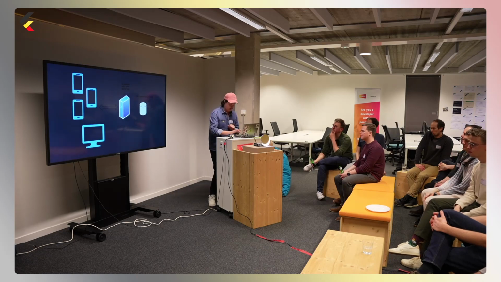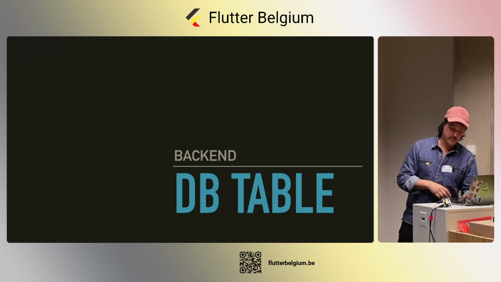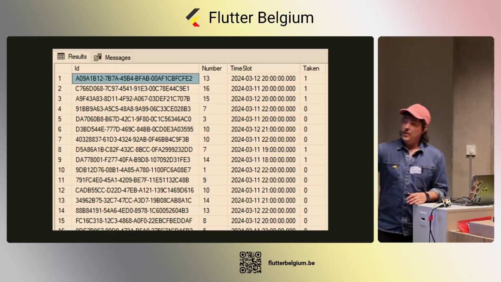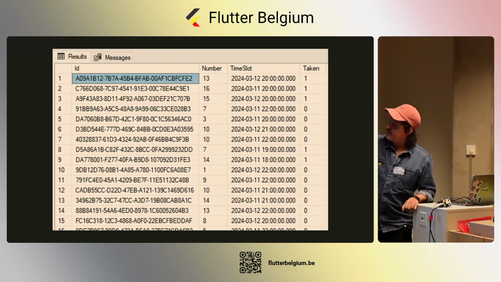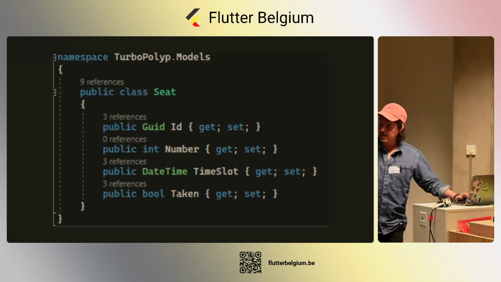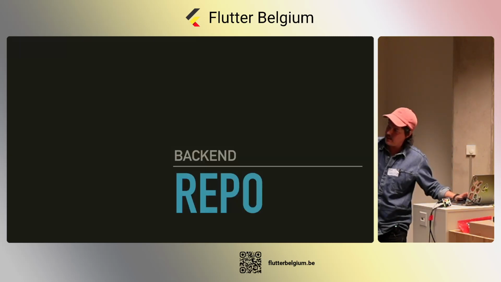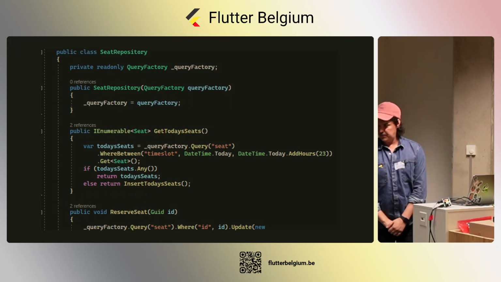So the backend, again, is just a DB table with a unique ID, which number the seat has, what the time slot is, and if it has been taken or not. Simple model: ID, number, time slot, taken. And of course, we need to fetch the data with a repo.